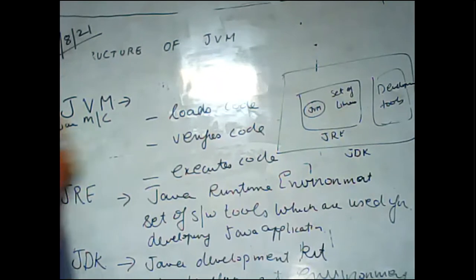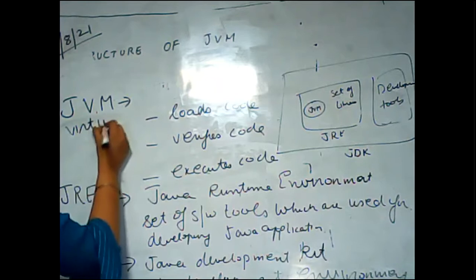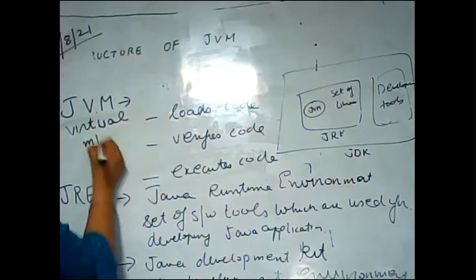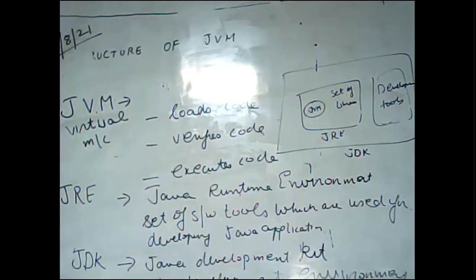We have understood the basic purpose of this JVM. It loads the code, verifies the code, and then executes the code. We have discussed in much detail what the basic purpose of this JVM is. Next is the JRE part. What is this JRE?